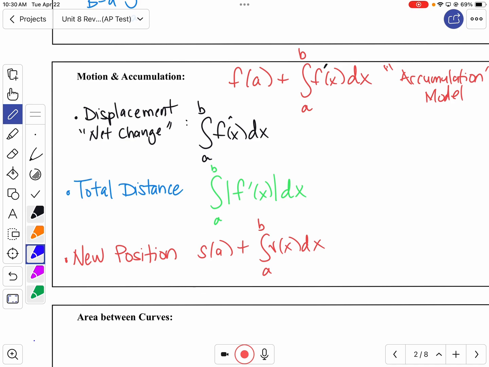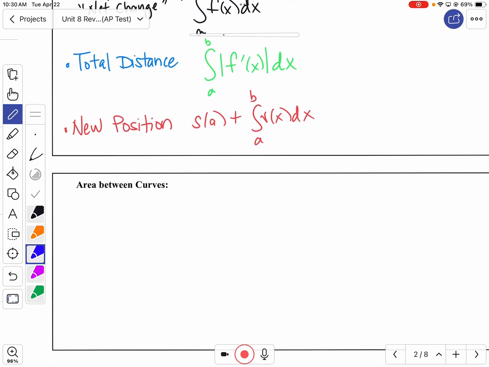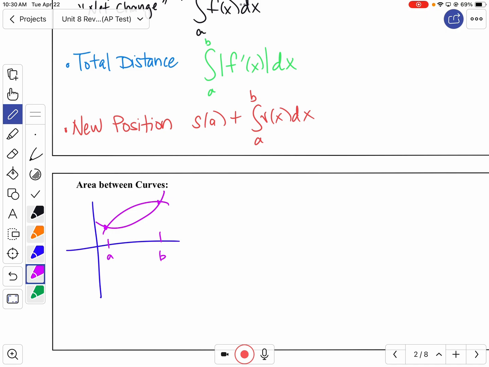So then we got to area between two curves, right? And basically, remember when we do that, there's a couple of things that we look for, like where they intersect. So if I have a vertical height, then it's top function minus bottom.